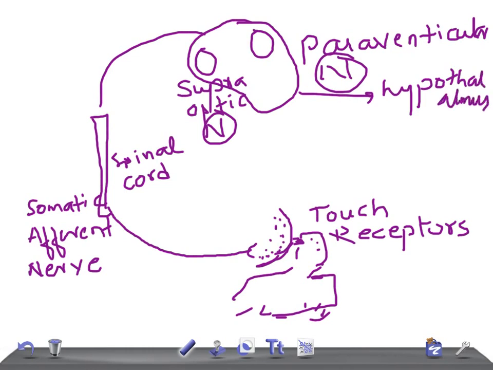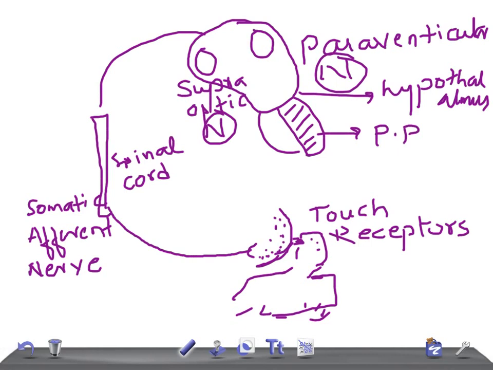Good. Now the hypothalamus in turn sends impulses to the posterior pituitary. If this is the pituitary, this is the posterior pituitary.